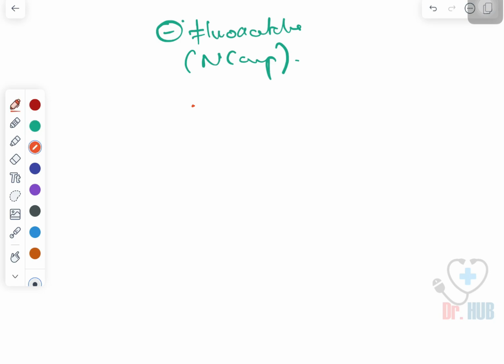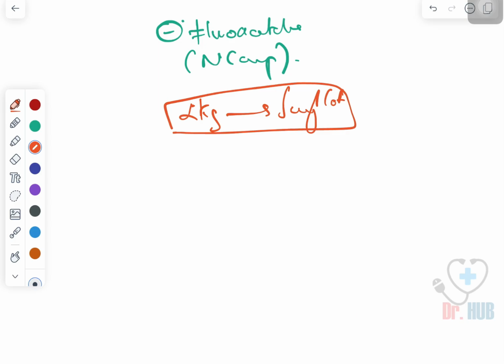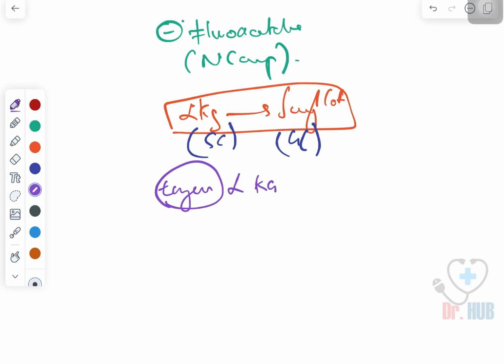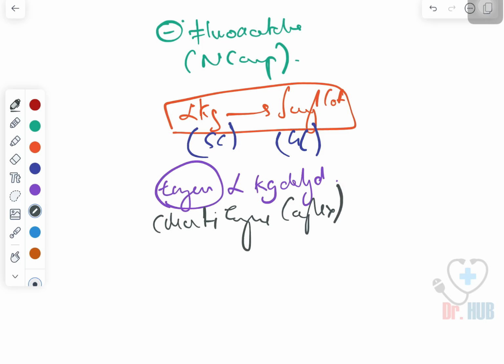Next is the conversion of alpha ketoglutarate to succinyl-CoA. This was the next question which was asked. Here the 5C is being converted to the 4C. The enzyme here is alpha ketoglutarate dehydrogenase, a multi-enzyme complex.